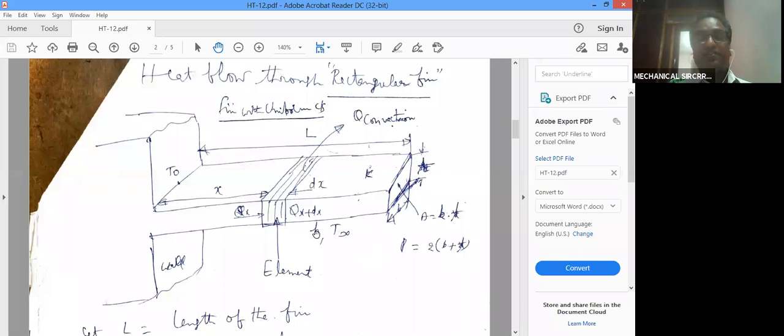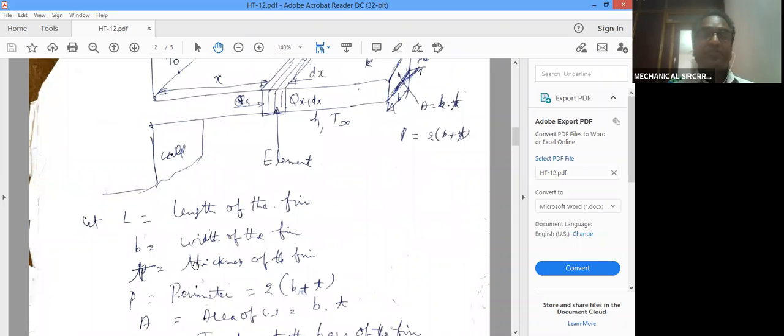The convective transfer coefficient for the environment is h, and T free stream is the temperature of the fluid. Clear? Any doubt?